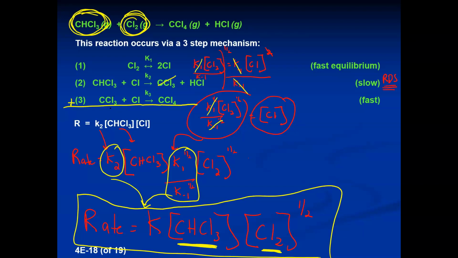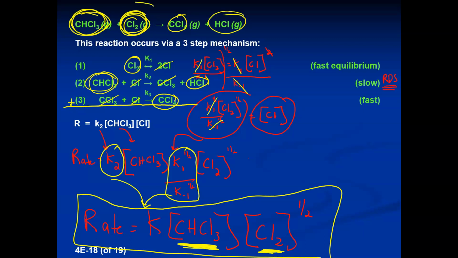So this goes away, this goes away, this stays. 2Cl, Cl, Cl. And so there's a reactant, here's a reactant, there's a reactant, there's a reactant. Yes, these three all add to our overall reaction. And in our rate law, we have only reactants of our overall rate. Okay, questions on this one?